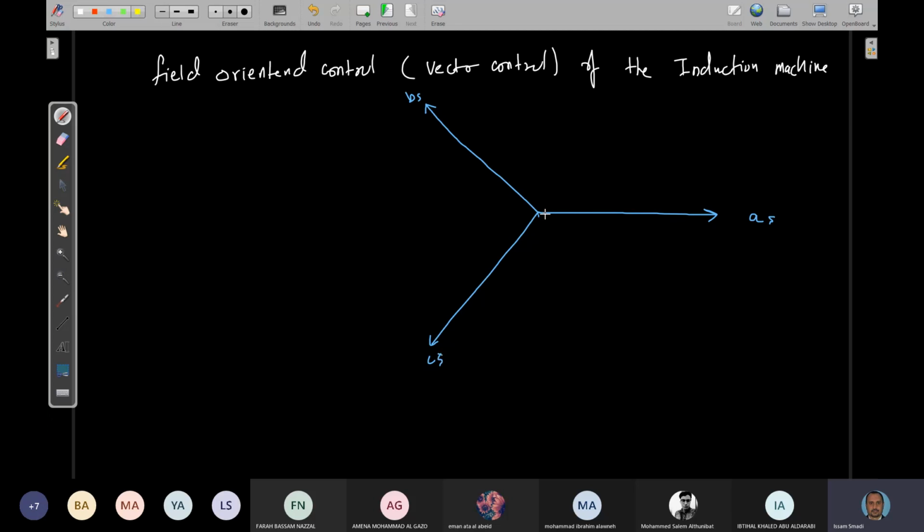And the same thing here, let's assume this is the AR, and let's assume that this is the BR. And in the same fashion, let's assume that this is the CR.